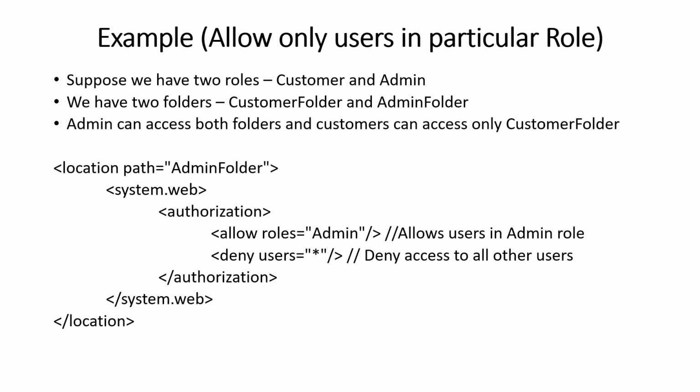The path is the admin folder, and then we specify the authorization rules and allow roles equal to admin. It means if a user has a role equal to admin, then that particular user will access all the pages contained in the admin folder, and all other users, whether they are authenticated or anonymous users, will be denied access. The users which don't have the role as admin will be denied access.